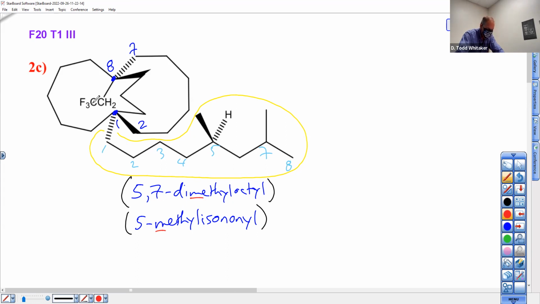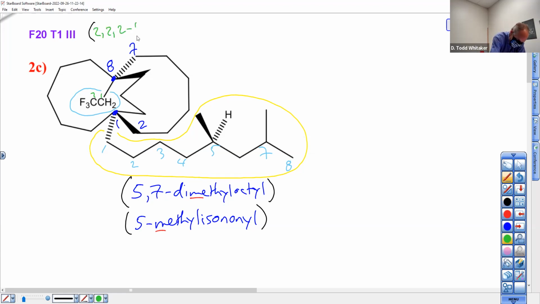This is a 2-carbon group. What are 2 carbon groups called? Ethyl. I'm circling this group. And carbon number 1 in the group is this one. So there's only one acceptable name for this, and it starts with parentheses 2,2,2-trifluoro.